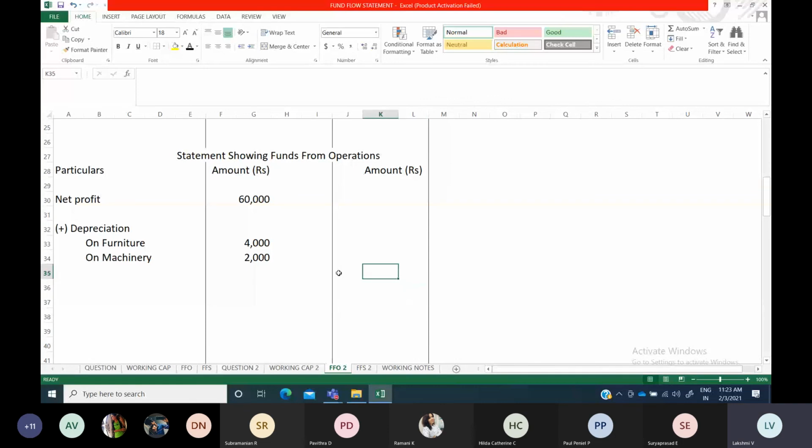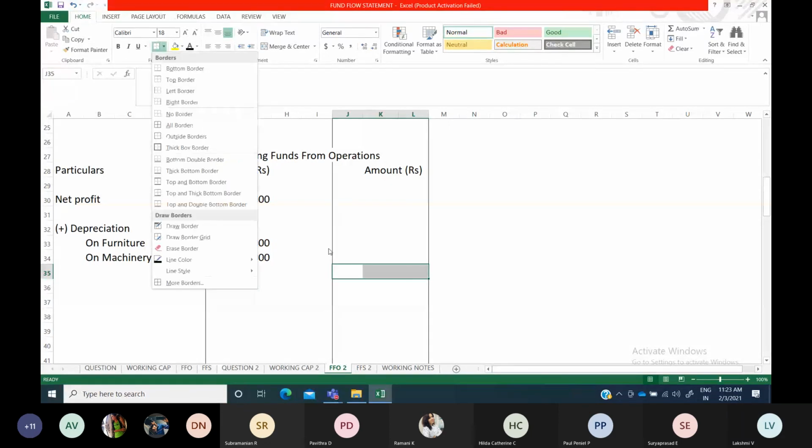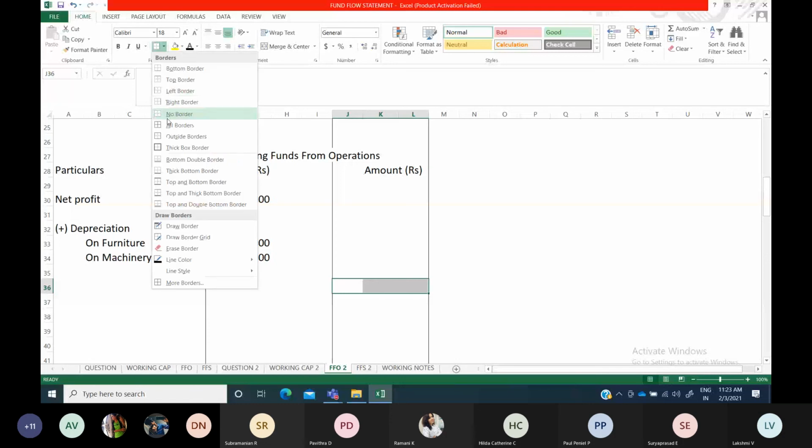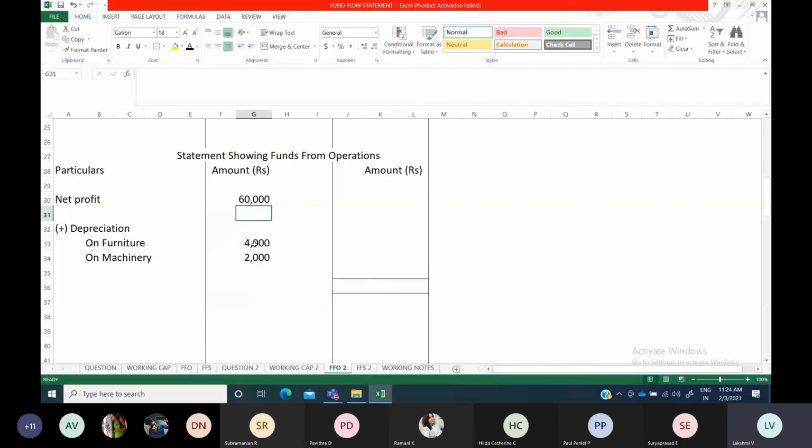Okay, so here you will be entering that amount. 60,000, with that 4,000, 2,000 added, you will be getting 66,000. Okay, so now this amount is known as funds from operations.